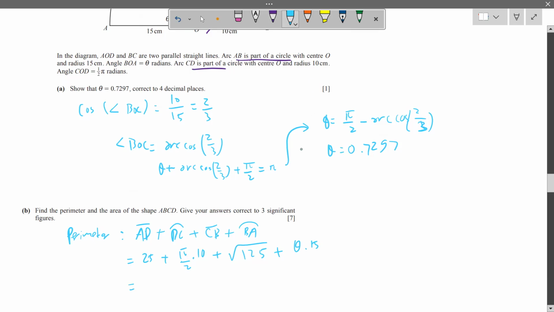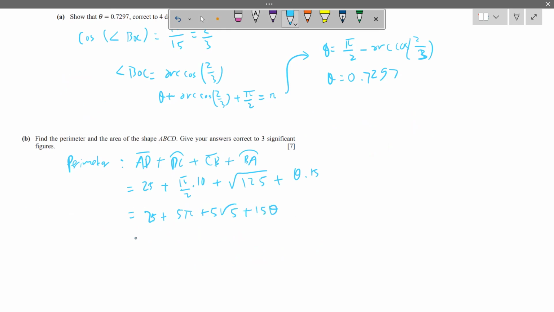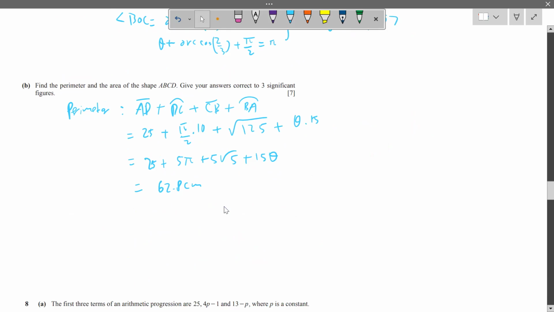Okay, so you get 25 plus 5 pi plus 5 square root of 5 plus 15 theta. And this should be equal to 62.8 centimeters in 3 significant figures.